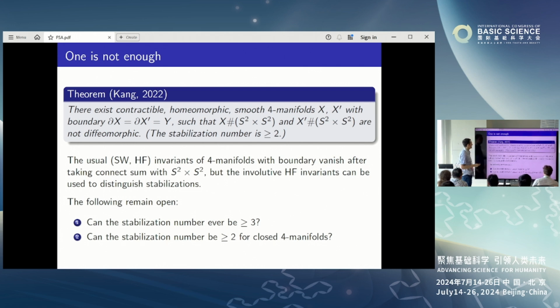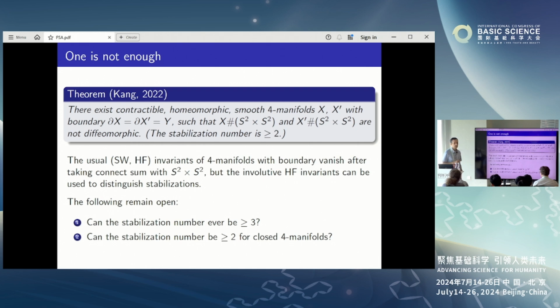He showed that there exist homeomorphic smooth manifolds with the same boundary, and they are very simple. In fact, they are contractible, but they have non-trivial boundary. The boundary is not S3, such that when you stabilize them 1, they are still not diffeomorphic. So they are not diffeomorphic originally, they're an exotic pair, and they stay exotic after 1 stabilization.